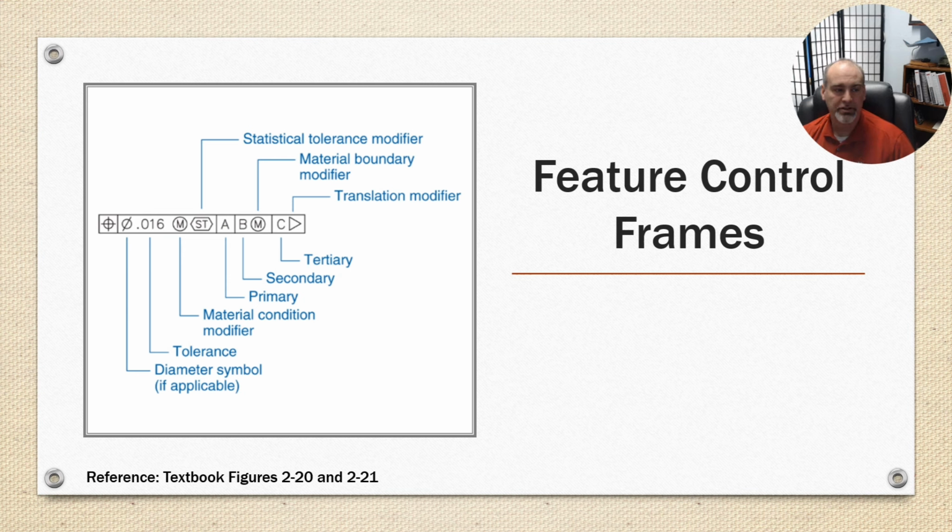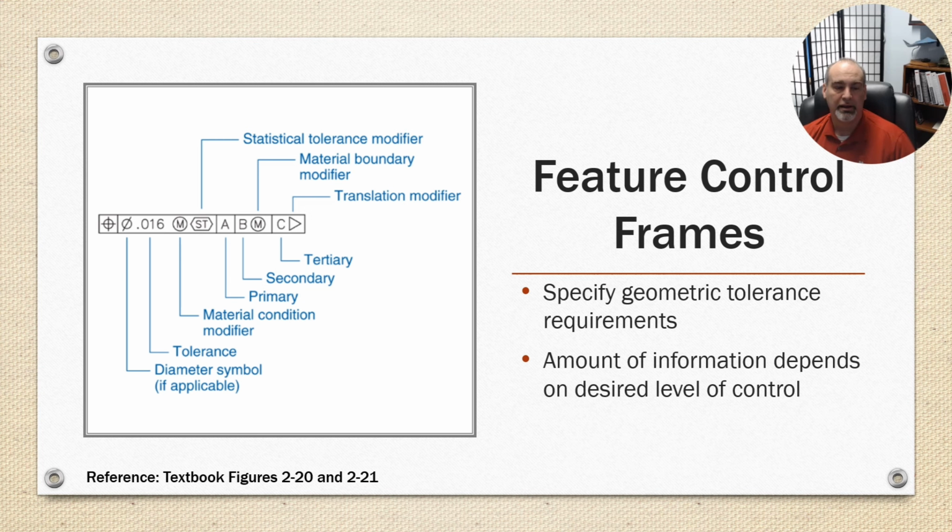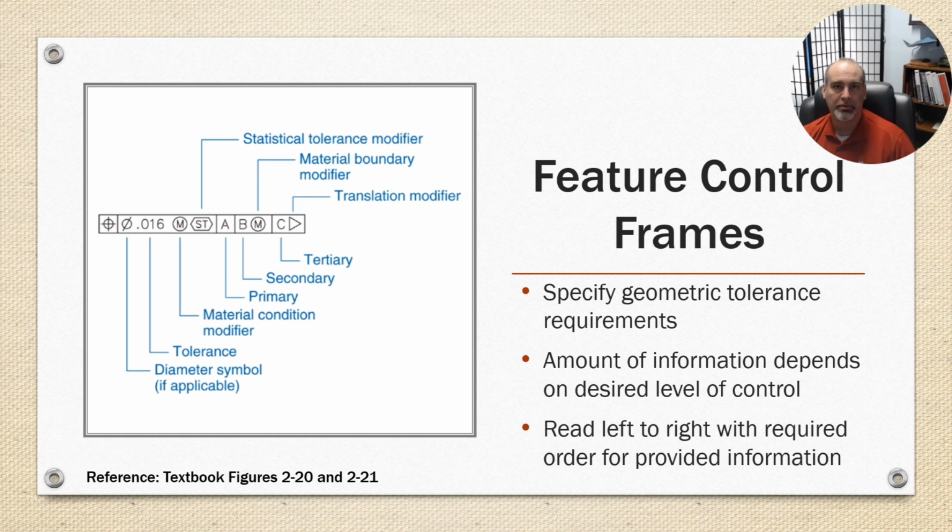Okay, so here's a feature control frame example. It specifies geometric tolerance requirements with all those symbols, and the amount of information depends on the desired level of control. You read it from left to right in the required order for the provided information.